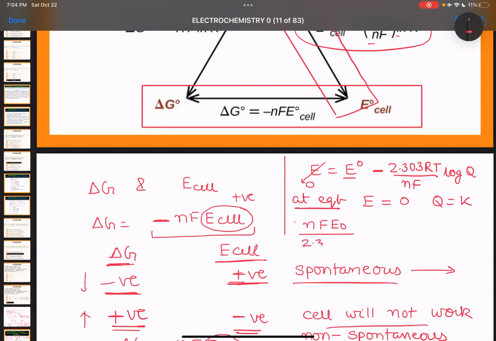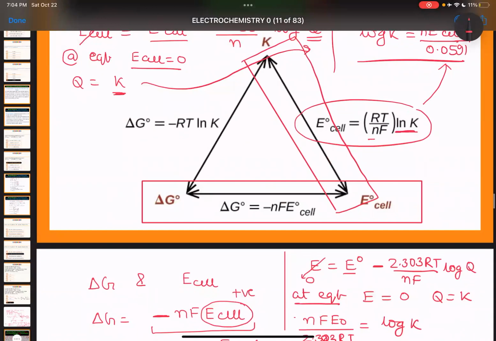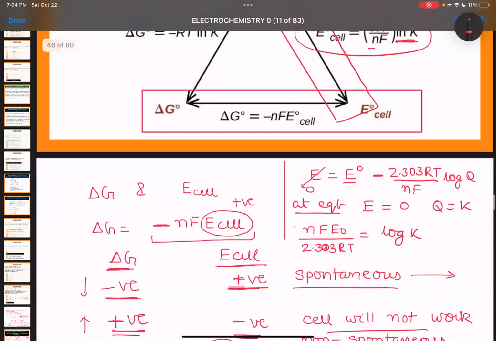upon 2.303 RT equal to log of K. Okay, log of K is equal to this one. Actually this is ln, which is base e. If you change it to log, you need to multiply it by 2.303. Okay, that's what I have written.